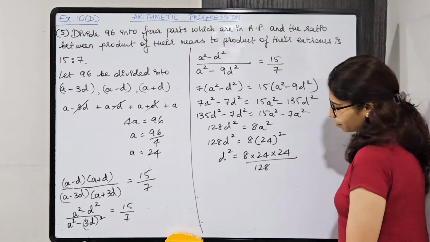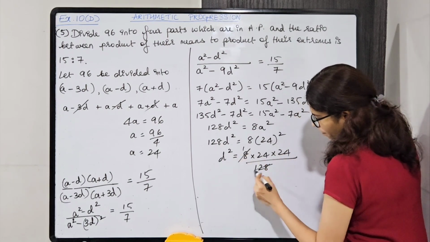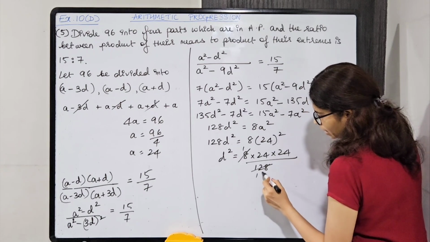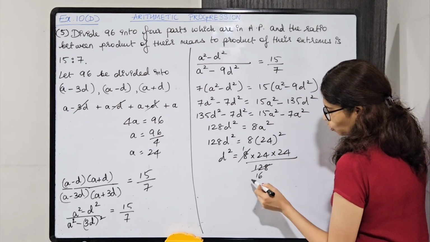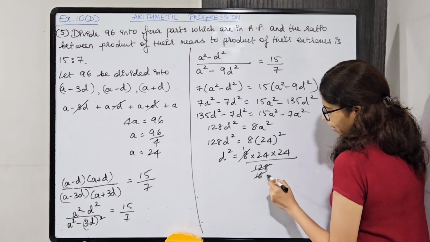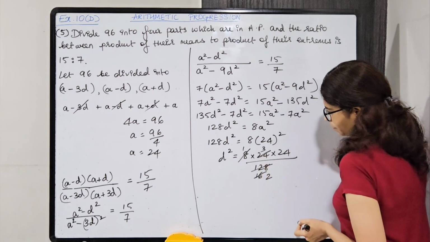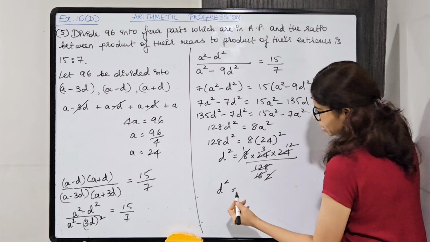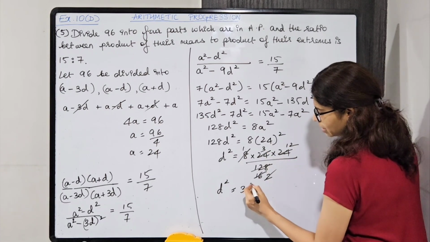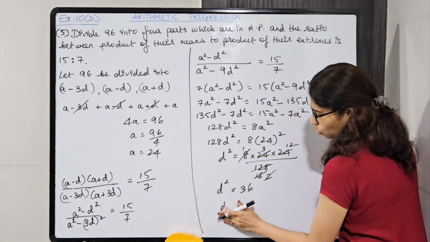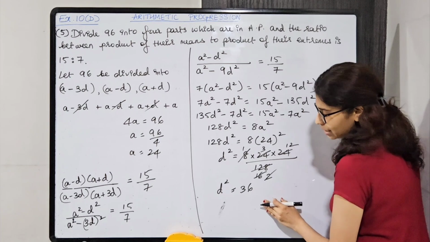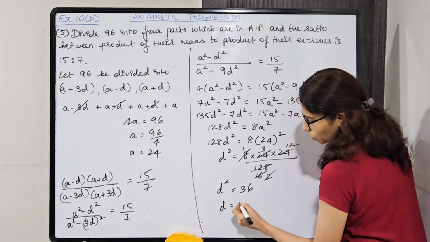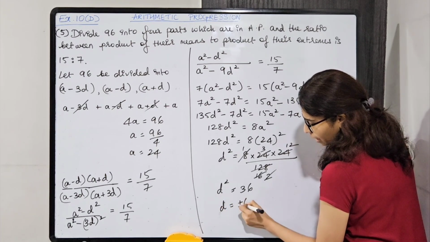Okay, 8 ones are, यहाँ पे 8 ones are and 8 six are. So we'll get 8 twos are, 8 threes are and 2 12s are. So we are getting d square is equal to 3 into 12, that is 36. So taking square root on both the sides, we'll get d is equal to plus or minus 6.